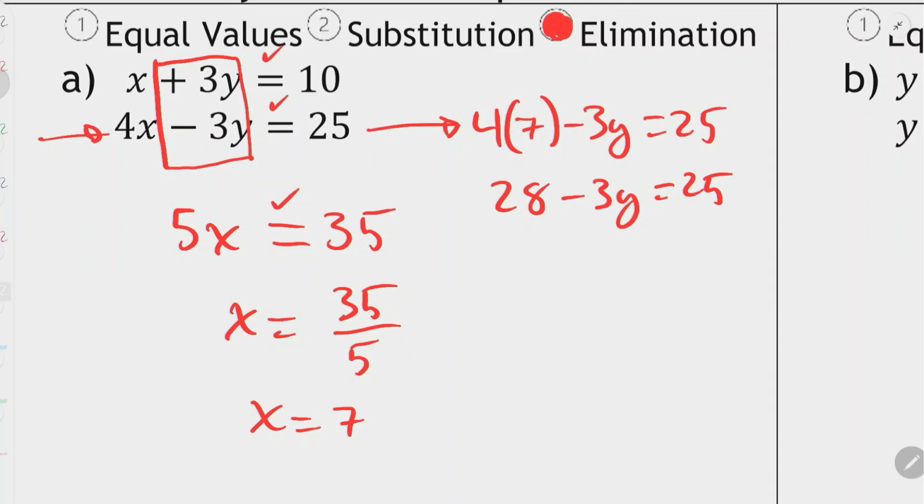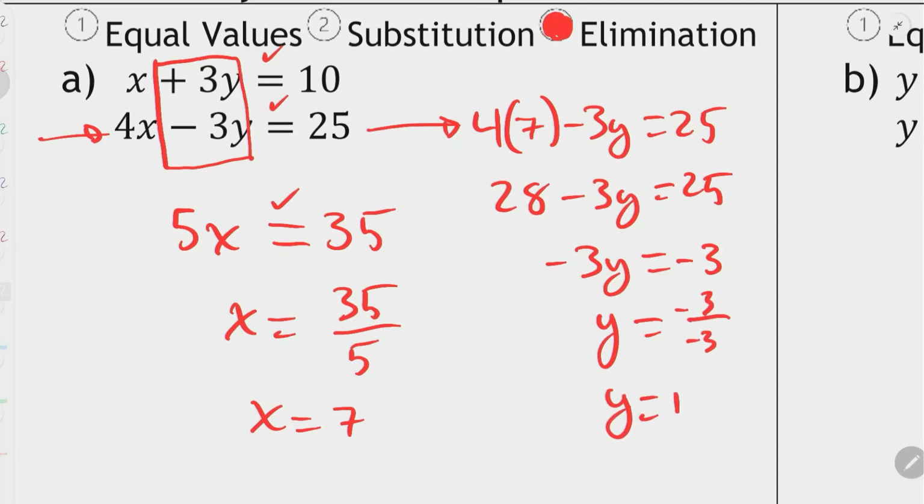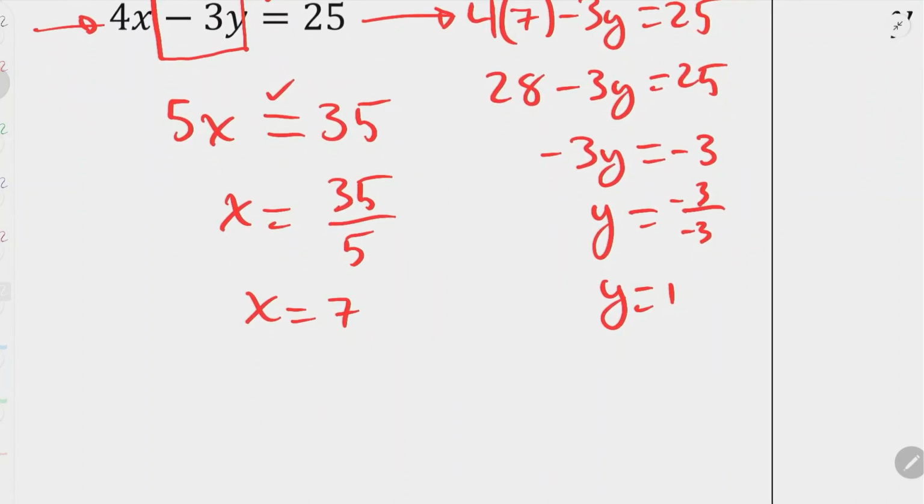Now if I subtract 28 from both sides, I get -3y is equal to 25 minus 28, which is -3. Therefore, y is -3 divided by -3, and that is +1. So the answer is x is 7. We always write these as an ordered pair: x is 7, y is 1.